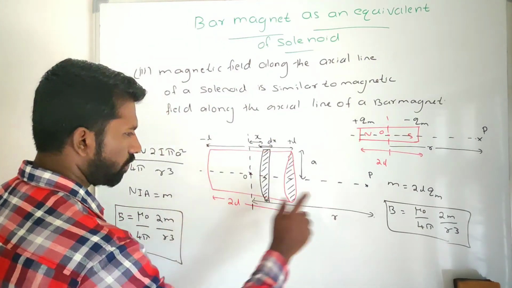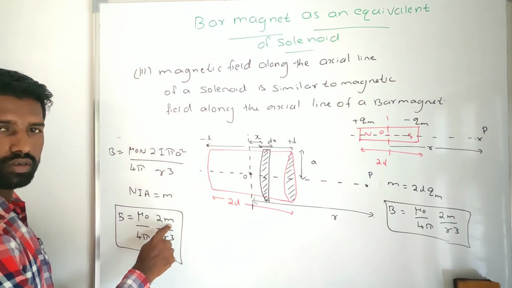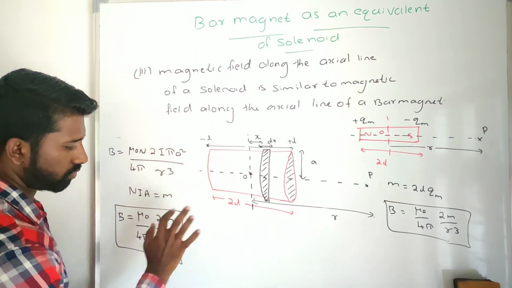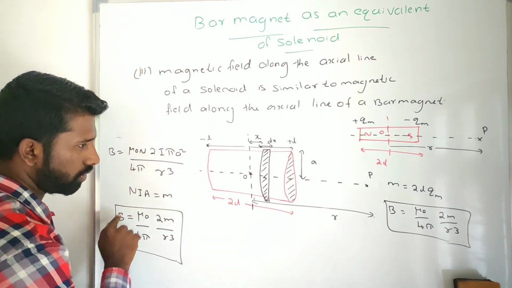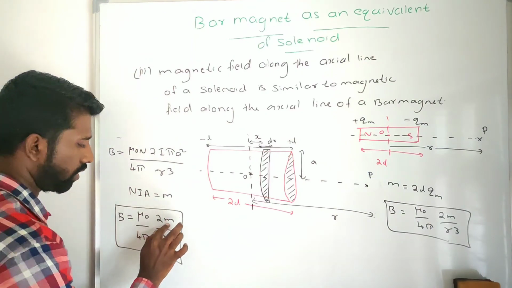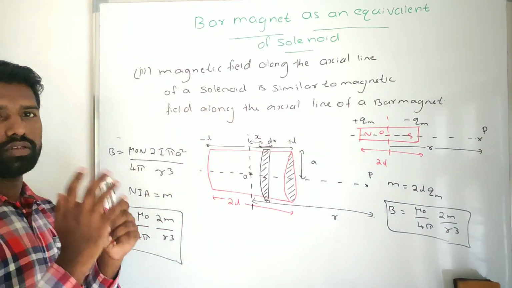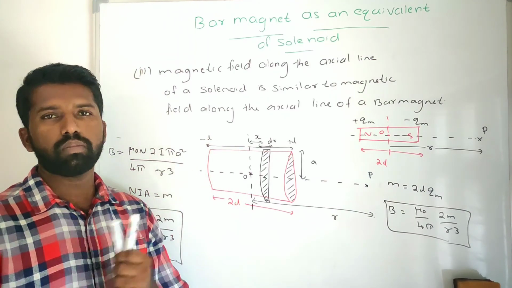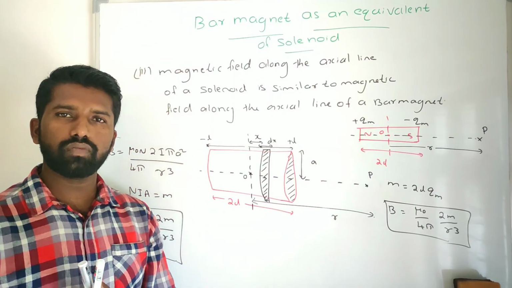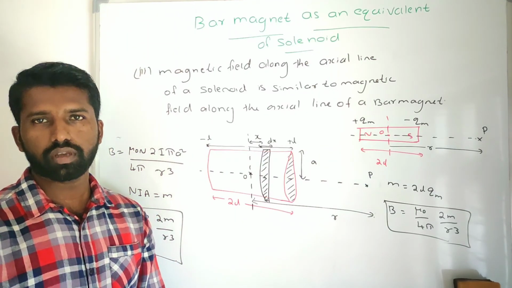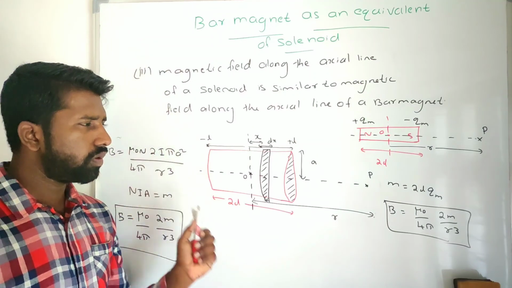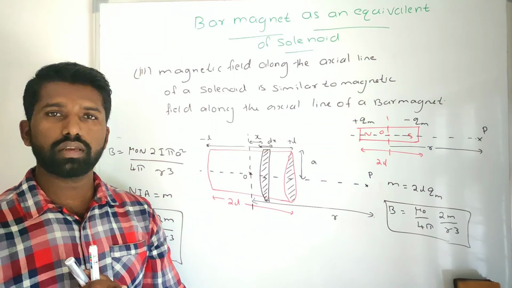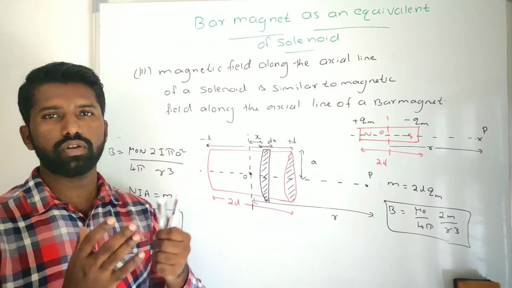From these two formulas, only the M's are different, but if this B should be equal to this B, then this M and this M should be equal. That means the magnetic moment of the bar magnet is equal to the magnetic moment of the solenoid also. So from all these conclusions, we can consider the bar magnet as equivalent to a solenoid.